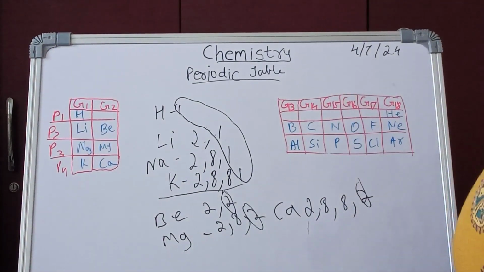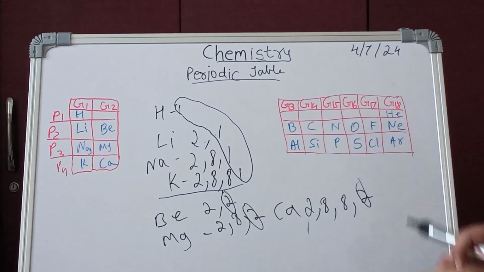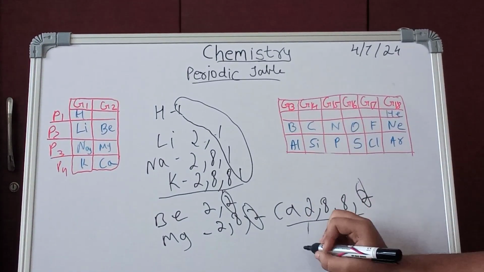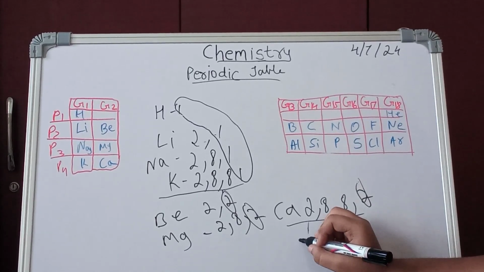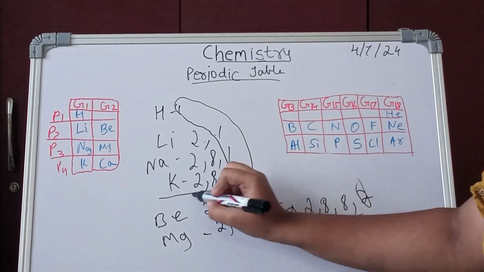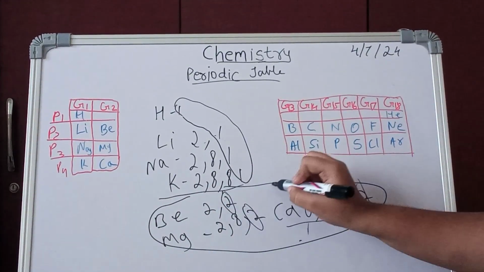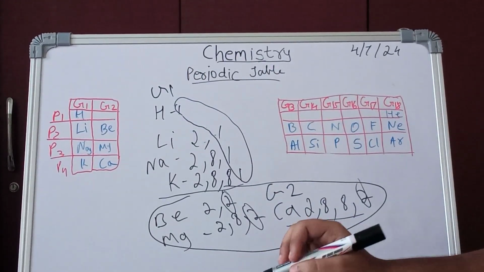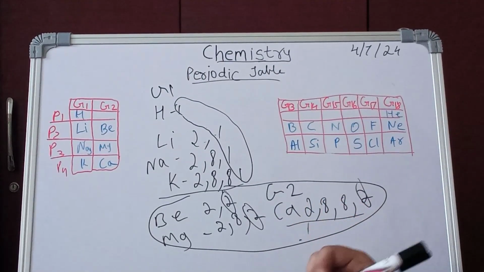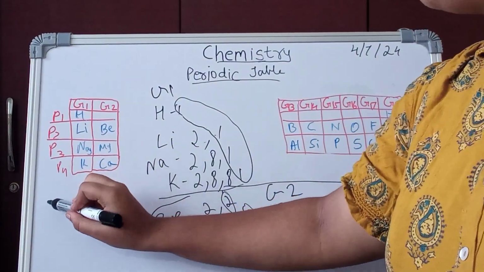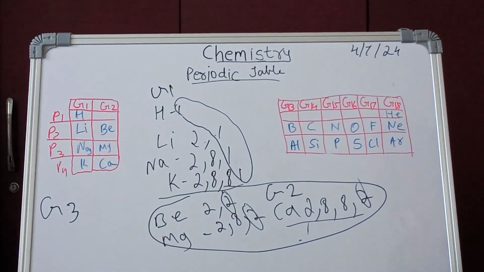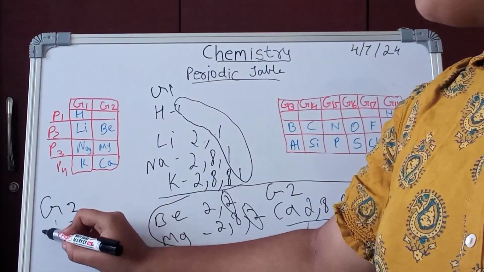Okay, so now next, group 13. Group 13, the elements are boron and aluminium. Wait, I'll write it here. I'll make this a circle. Group 2, group 1, and then where shall I write group 13 now? Okay, I'll write it here. Group 13 elements are boron.